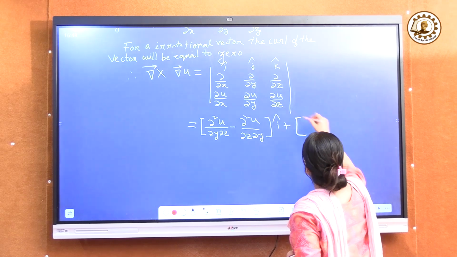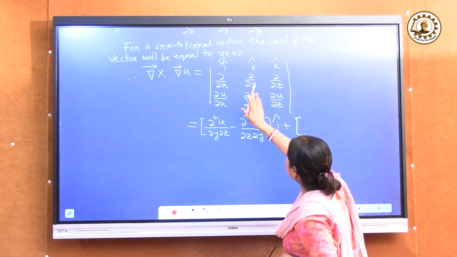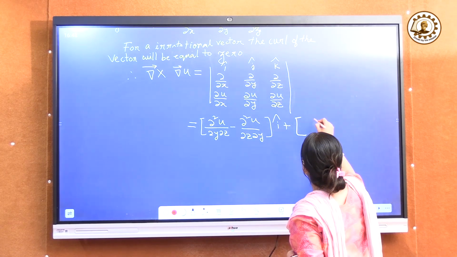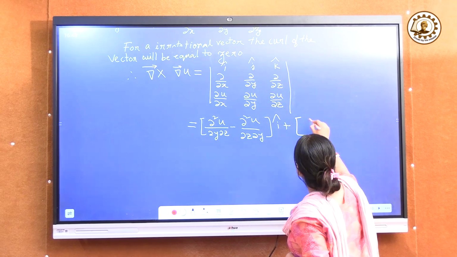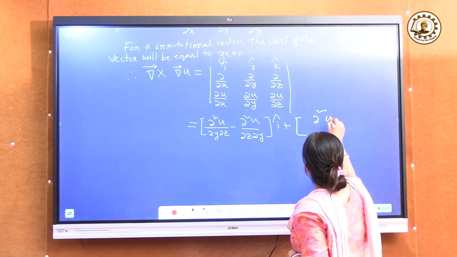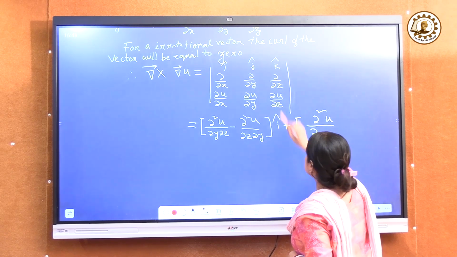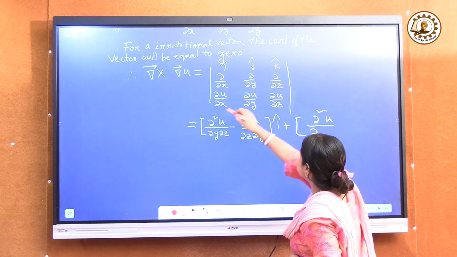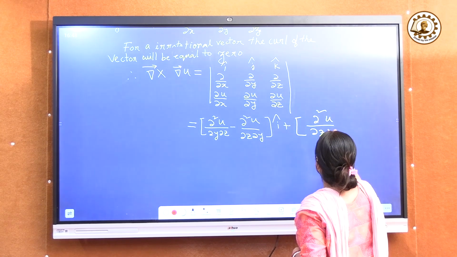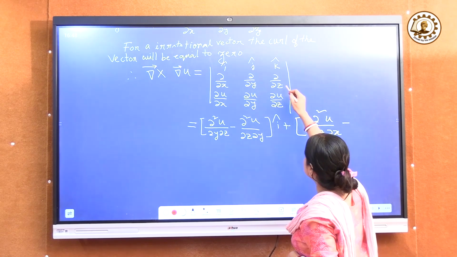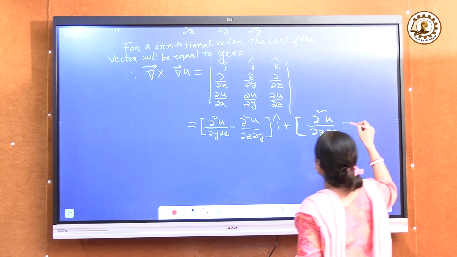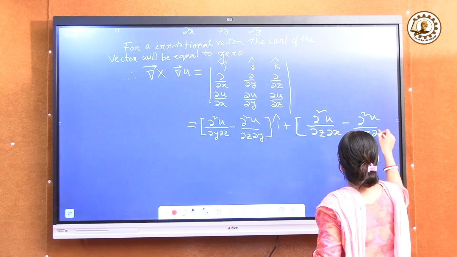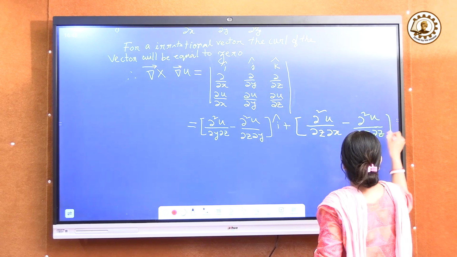Plus, now I take the j component. Excluding the j column, I will use the i column and k column. So from this, with this, the first term is del 2u del z del x, minus del 2u del x del z, j cap.